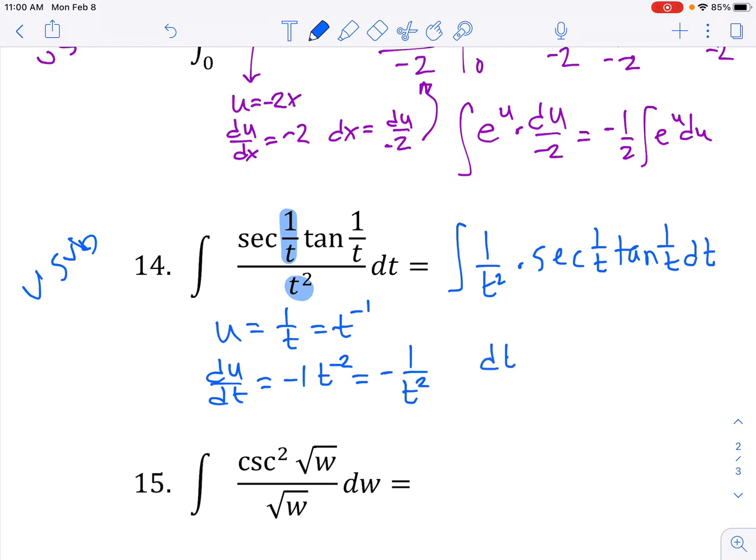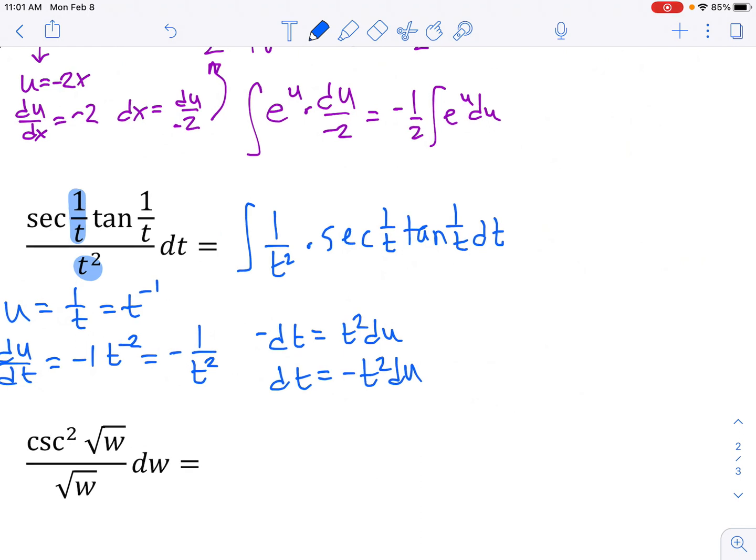So that means, how about this, minus dt equals t squared du. And then that means dt equals minus t squared du. Oops, that should be a du.